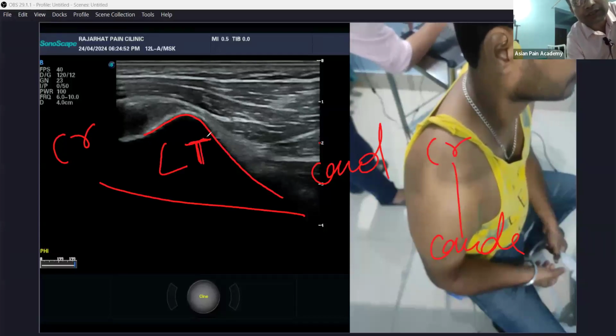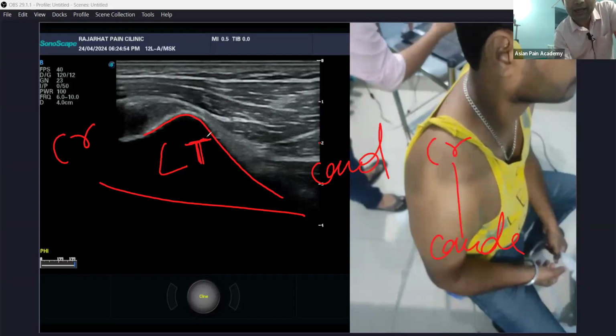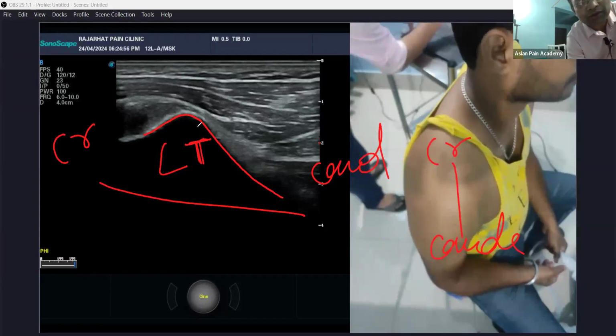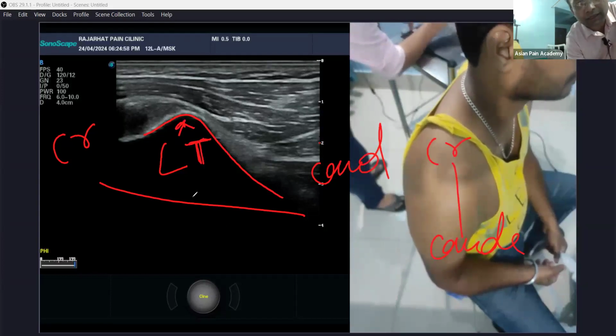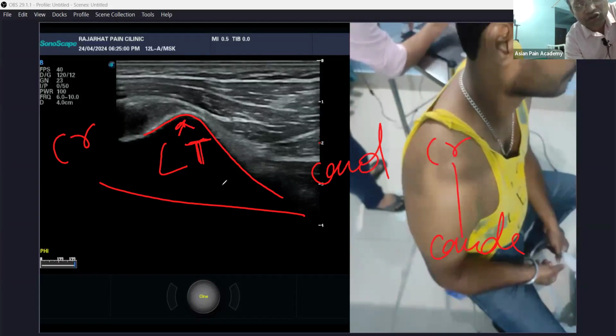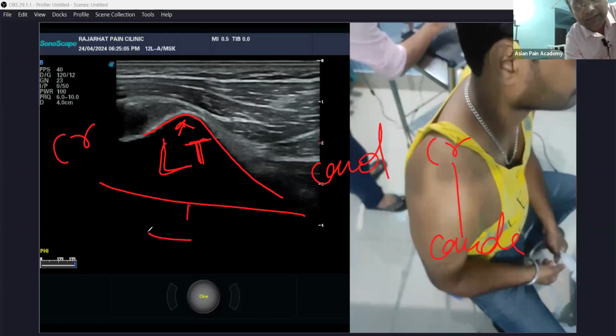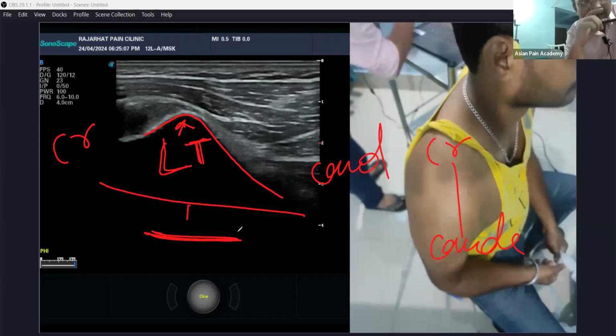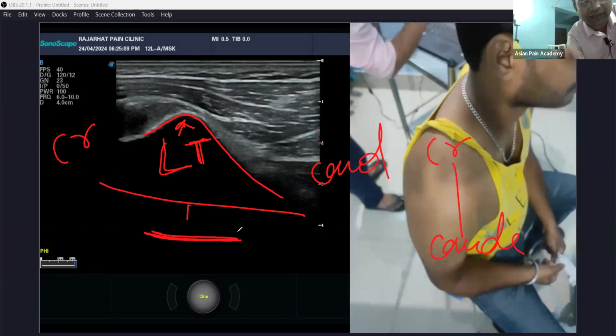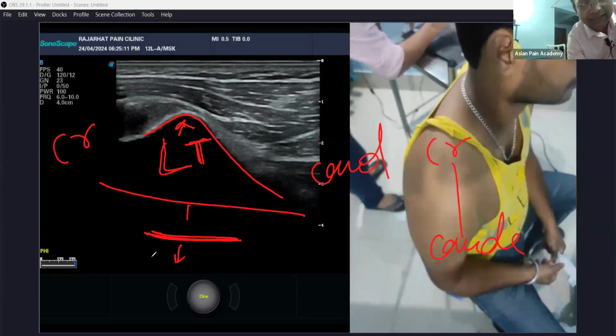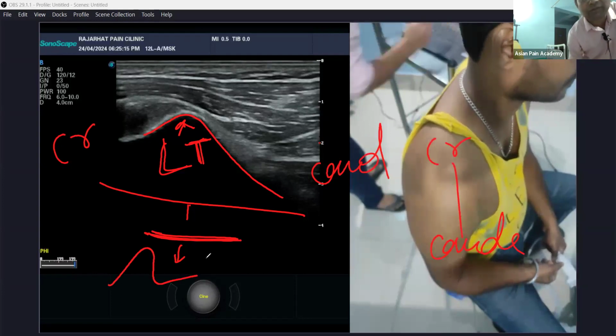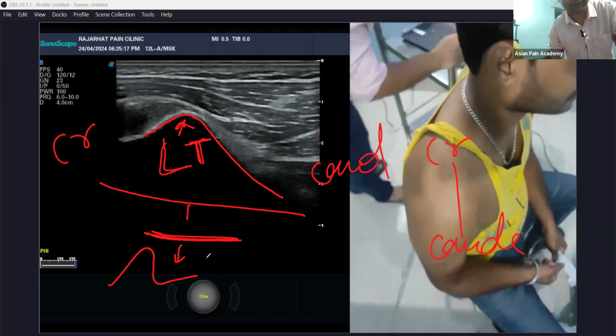When I come medially or laterally a bit, this tuberosity will not be there. So this is the lesser tuberosity, and then there will be a straight line area, which is the area for the biceps tendon, the groove area. And then again I am coming laterally, then I will see another hill type of area, and that will be the greater tuberosity.